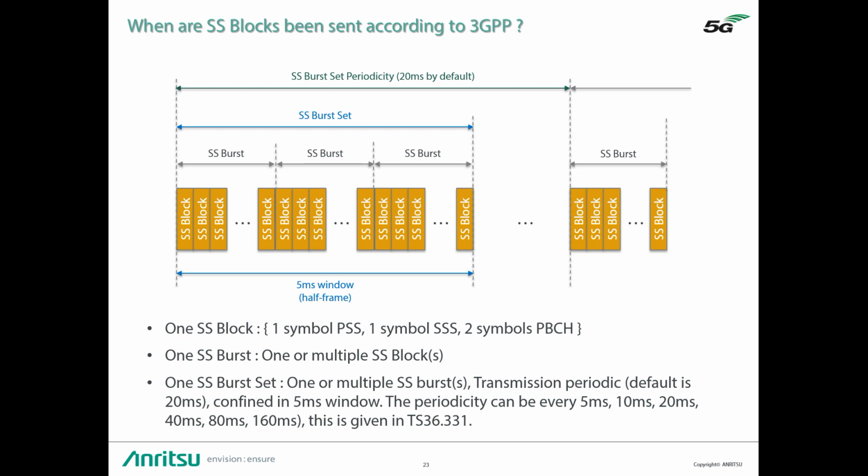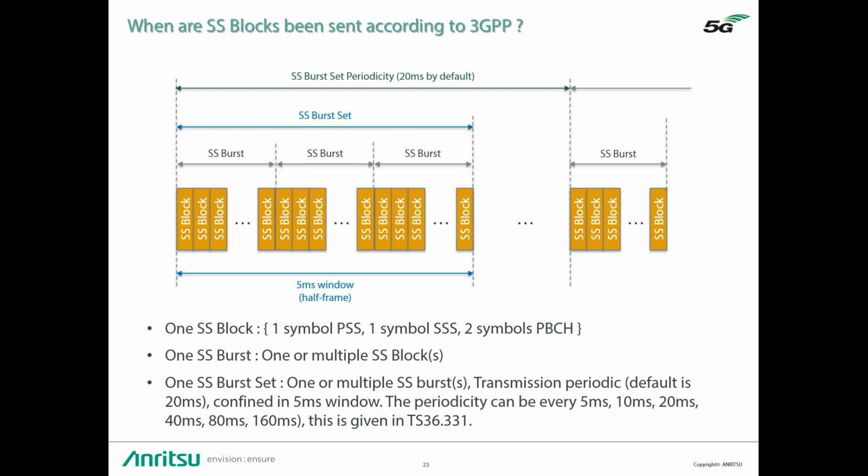There is a higher layer network parameter called SSB Periodicity serving cell, which informs the UE about the SSB periodicity being used in the cell. If this parameter is not used or not known, then the UE may assume the value is every 2 frames, which means every 20 milliseconds, as this is the default value. So 20 milliseconds becomes the default value of the SSB bursts.